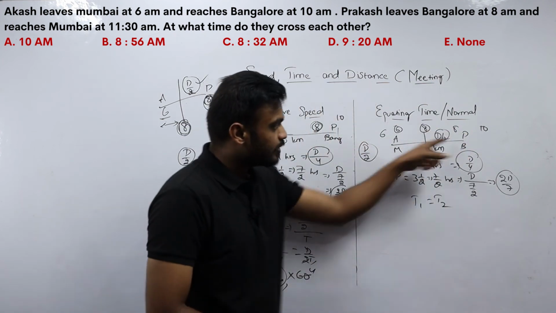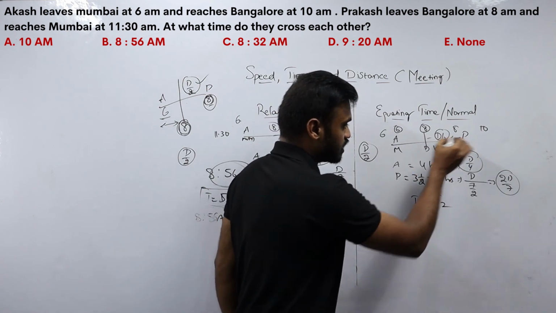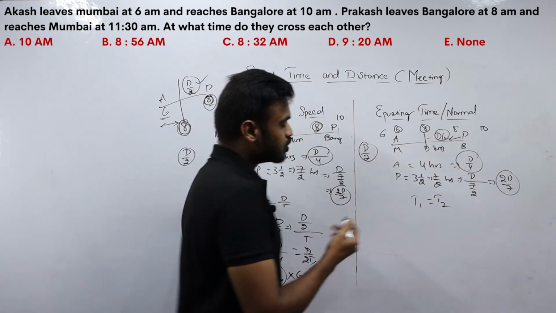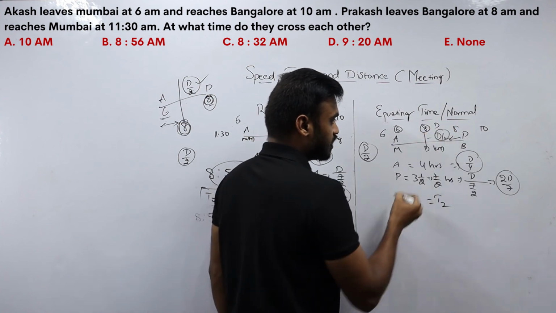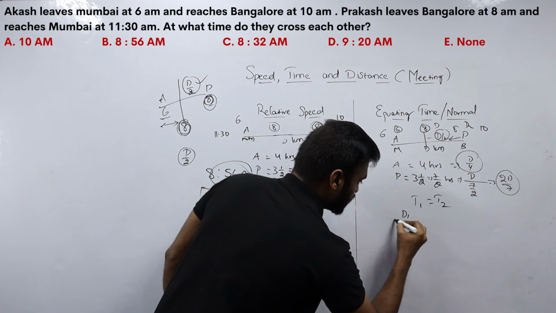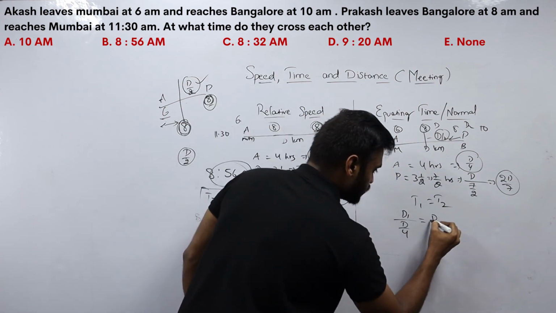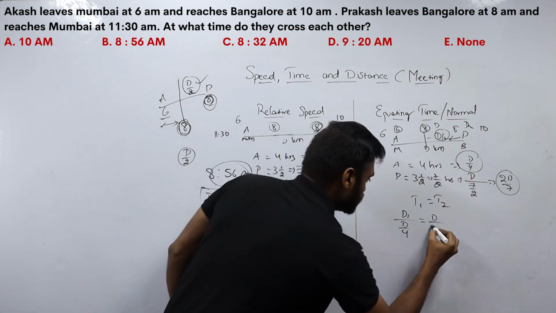In this d by 2, we don't know the distance covered by Akash and the distance covered by Prakash to meet each other. So I am assuming the distance covered by Akash is d1 and covered by Prakash is d2. See here, d1 by the speed of Akash, that is d by 4, equal to d2 by the speed of Prakash, that is 2d by 7.